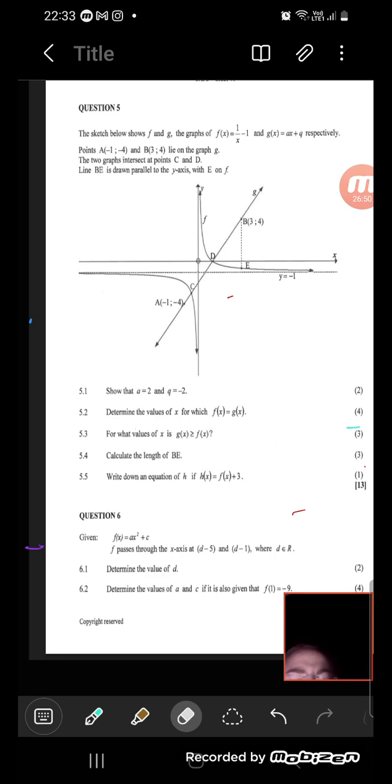Let's see what's next. For what values of x is g of x bigger than f of x?